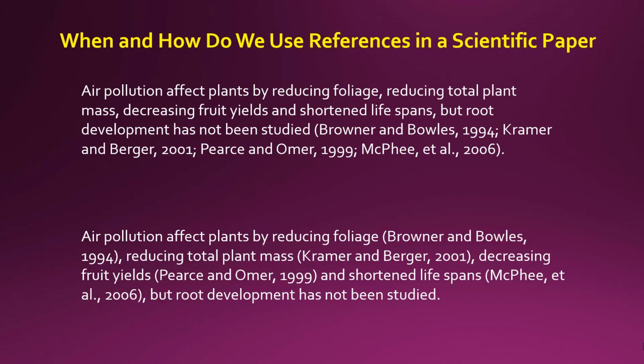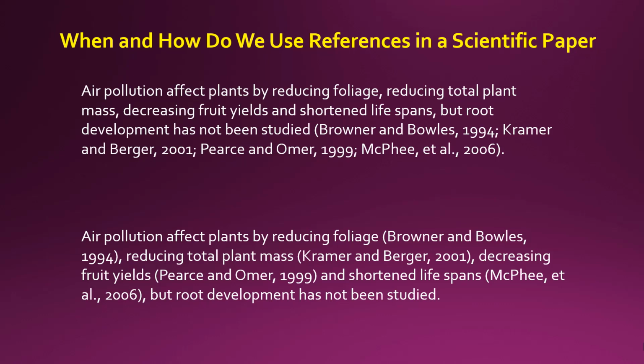Our next example: air pollution affects plants by reducing foliage, reducing total plant mass, decreasing fruit yields, and shortened lifespans, but root development has not been studied. Browner and Bowles, 1994; Kramer and Berger, 2001; Pierce and Omer, 1999; McPhee et al., 2006.